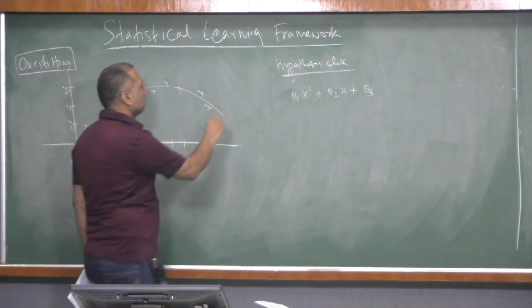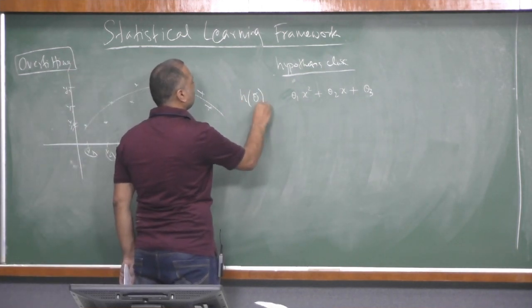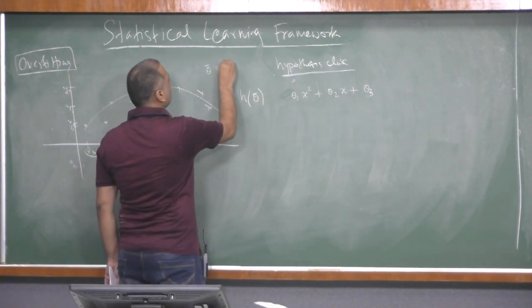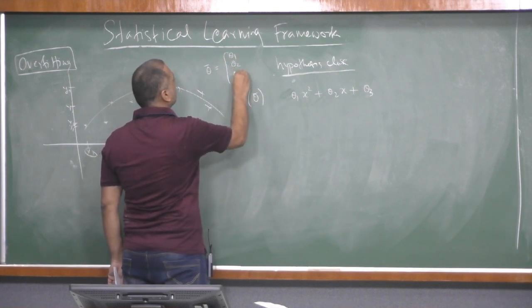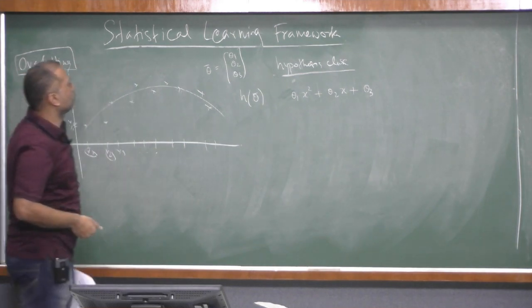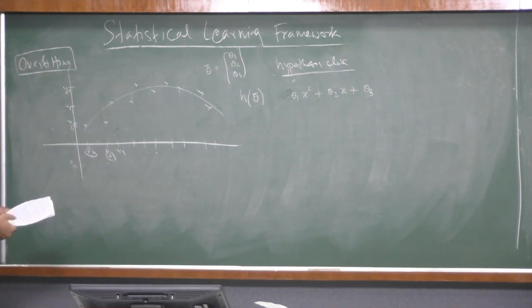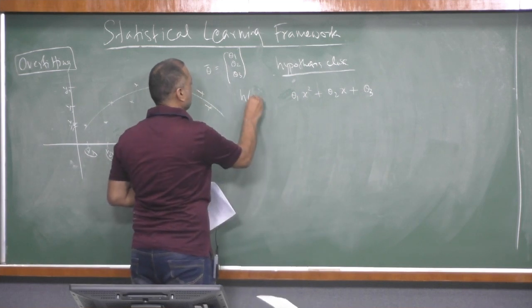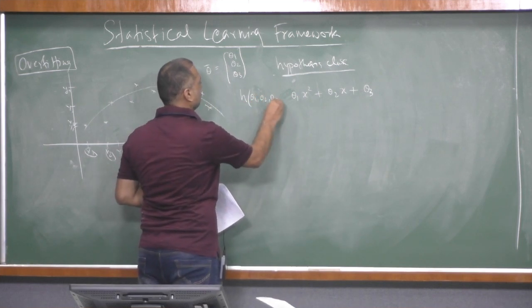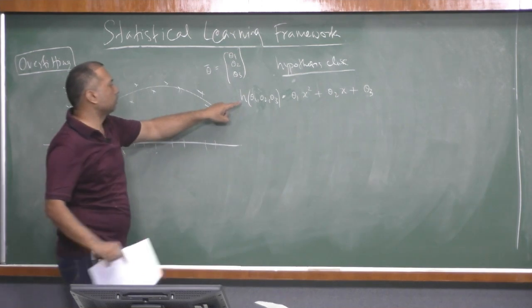This is my h theta bar, where theta bar is the vector theta 1, theta 2, theta 3. So this is my hypothesis class.